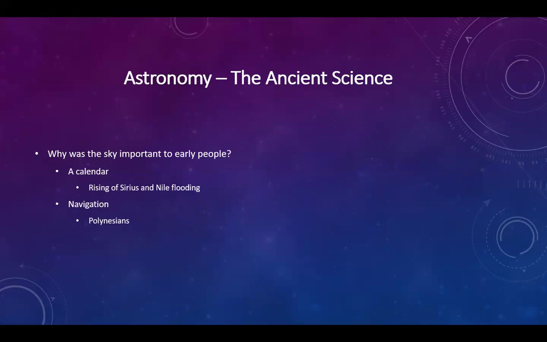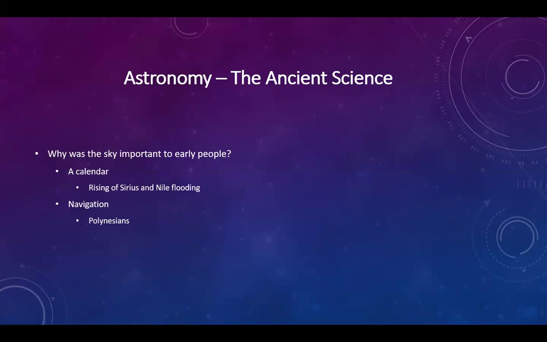The sky was important to early people because it was an incredibly useful tool for things like using it as a calendar. An example of this is that the Nile River used to flood at pretty much the same time every year.